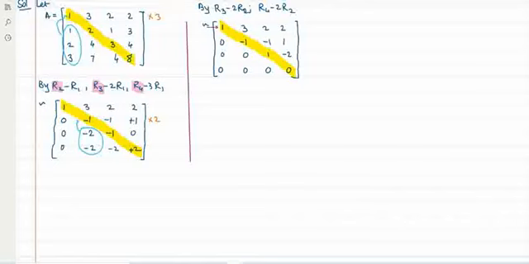This is the first non-zero element in the first row, and below that all are 0. The first non-zero element in the second row is this one, below that all are 0 and the left side is also 0. The first non-zero element in the third row, below that all are 0. And the fourth row is identically 0.